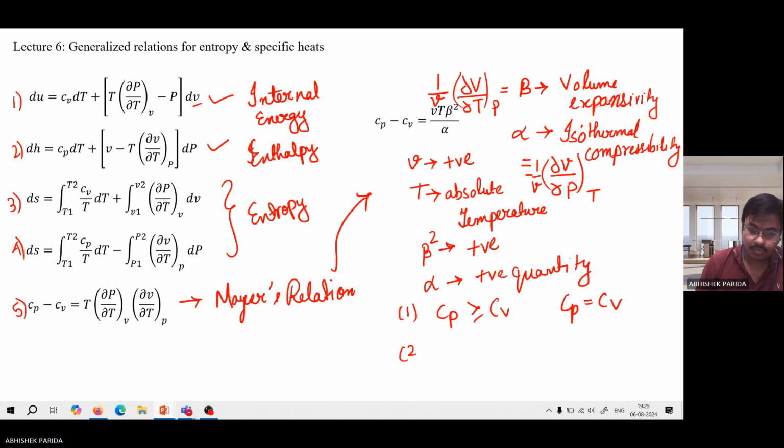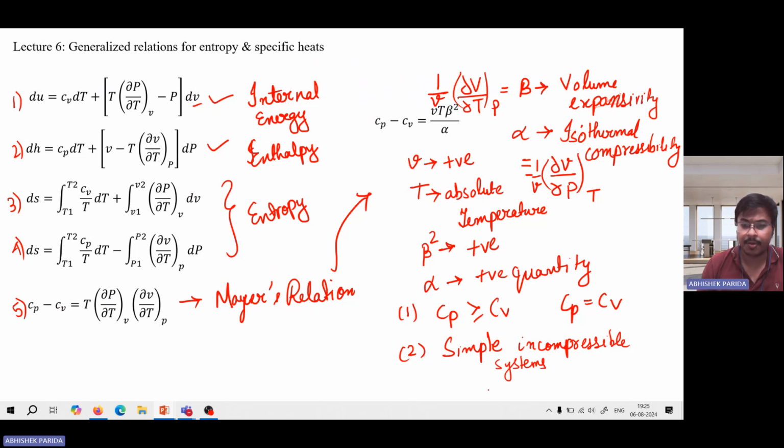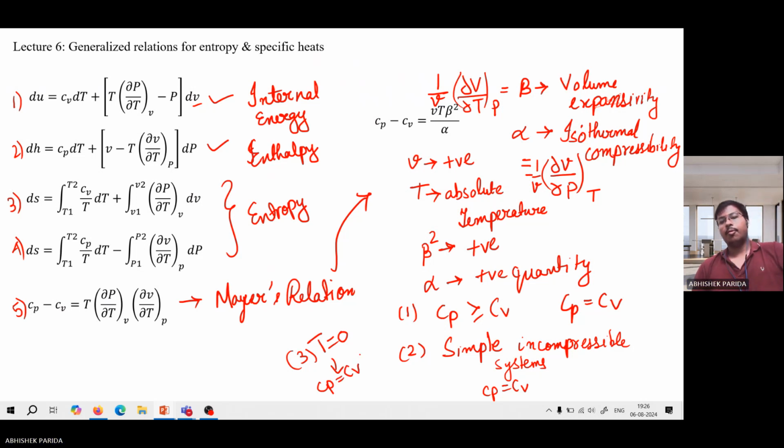Also, for simple incompressible systems, like solids, Cp will be equal to Cv. Another case where Cp equals Cv is when the absolute temperature is 0. Of course, this is a hypothetical case, because we would have to go to minus 273.15 Celsius.